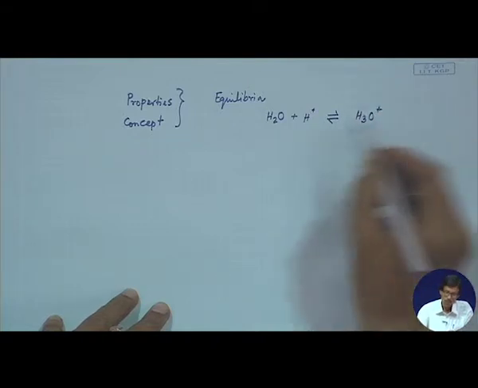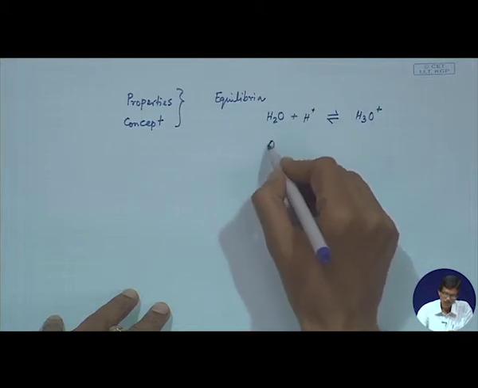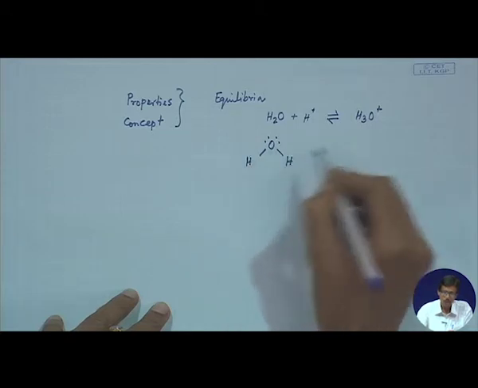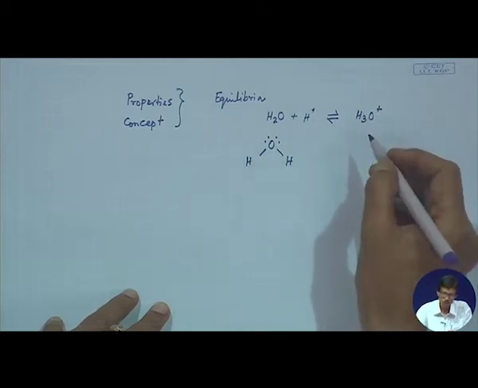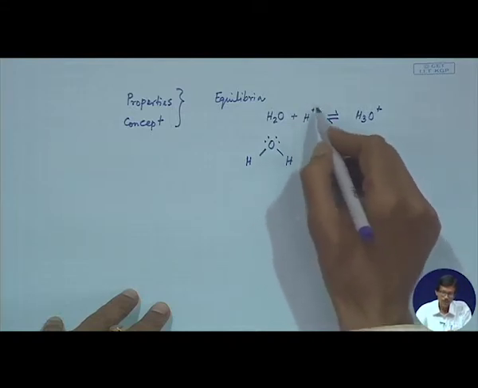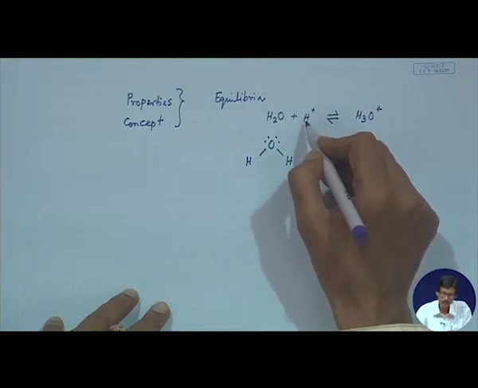So, in any other type of solvent where you can have the lone pair of electrons on the oxygen atom of this H2O molecule, that means water molecule, H plus, that means one single proton, is also not having any electron.